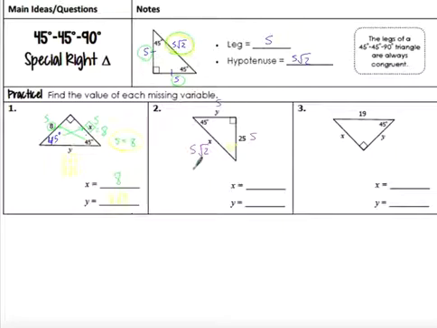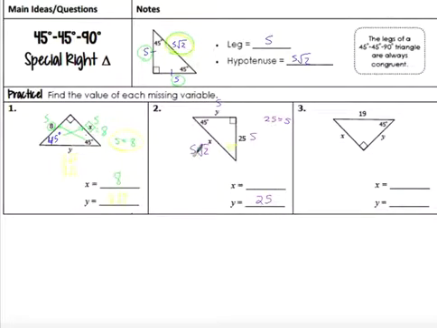Do we have X, Y, and 25? So we know that 25 is equal to S. Well, if we know that 25 is S, and S is also here, then what do we know Y is? Well, Y has to be 25.